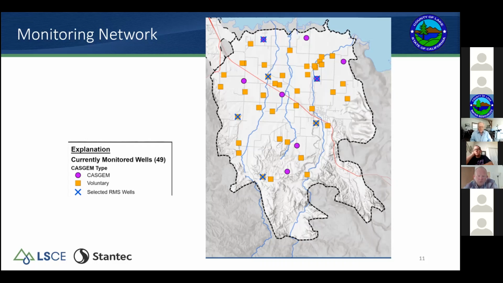Yeah, we've got that. We can put that together, but for each one of these locations, we're also going to talk about MOs and MTs, and we're going to show you a hydrograph so you can see what the water level looked like at this well, going back as far as we have. So we'll have that record. We can do both. That's fine.